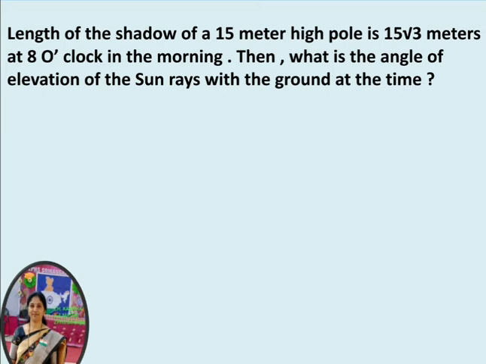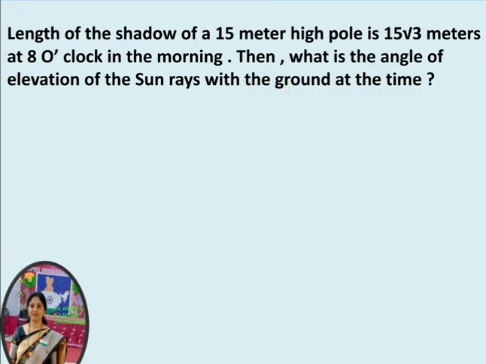Here, the length of the shadow of the 15-meter high pole is 15 root 3. That means this 15 root 3 is the shadow length, and the 15-meter high pole means the pole height is 15 meters at 8 o'clock in the morning. What is the angle of elevation of the sun rays with the ground at that particular time?